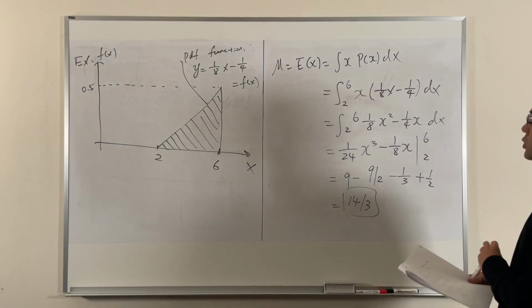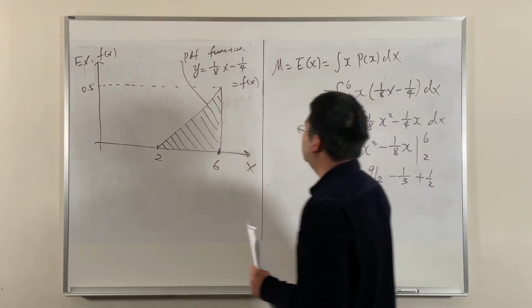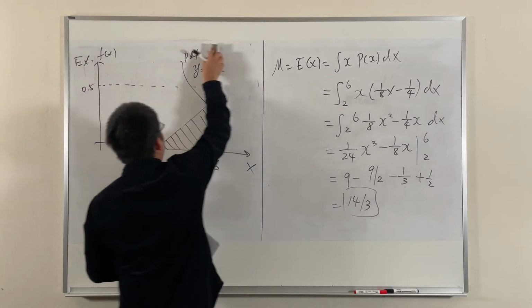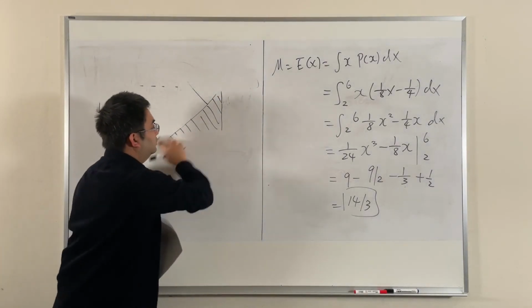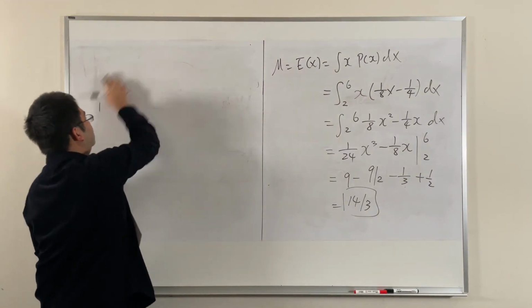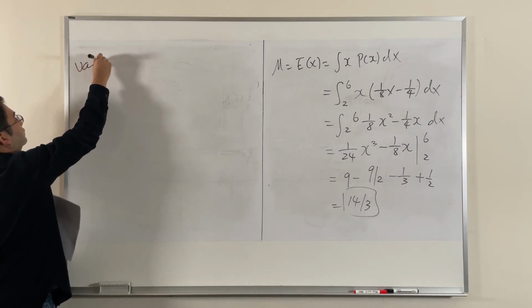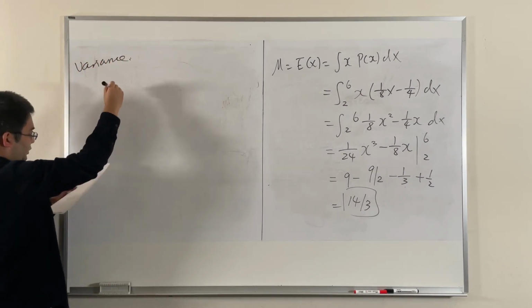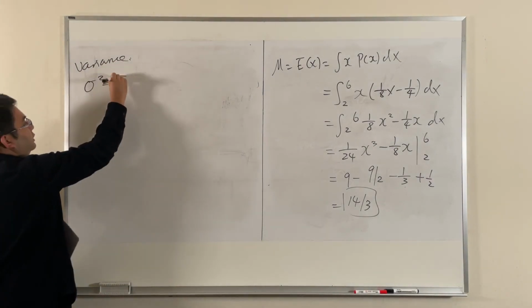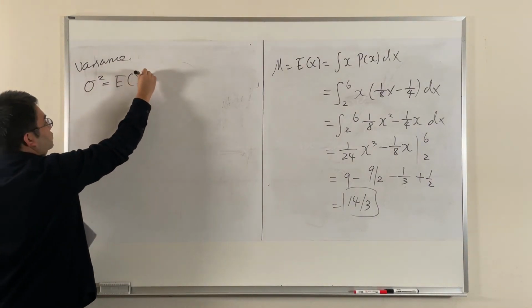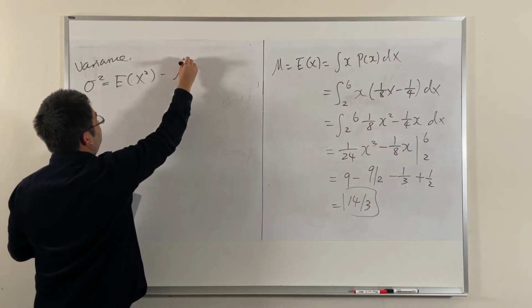Next, we want to solve for the variance, sigma squared. The formula we're going to use is the expected value of x squared minus mu squared.